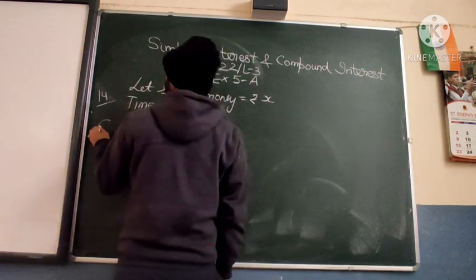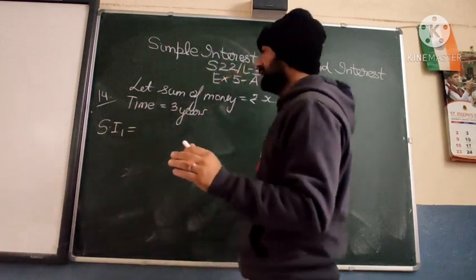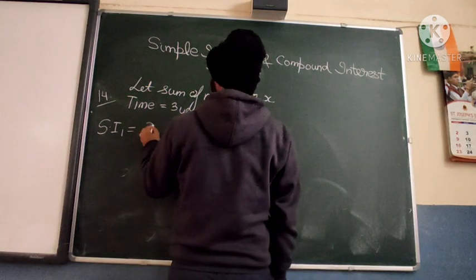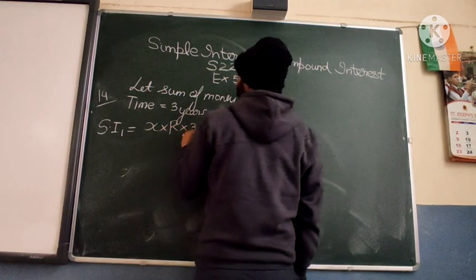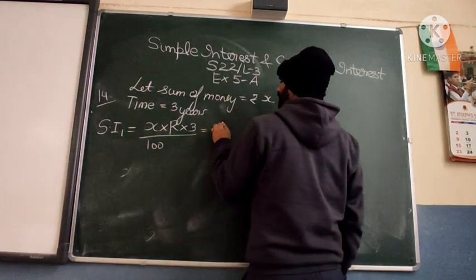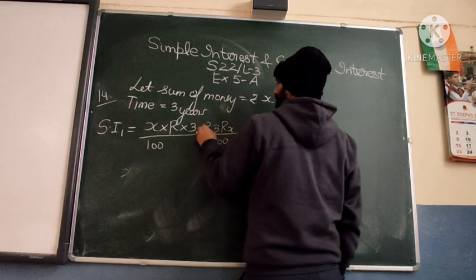So let us see what the simple interest will be at this rate of interest. Now this rate of interest is R, we are taking it like that. So P is x, R is R only, and time is 3 years, upon 100. That means it is 3Rx upon 100 rupees.